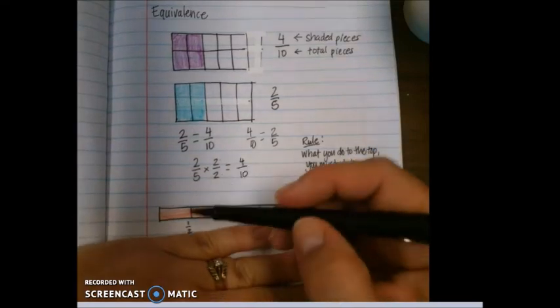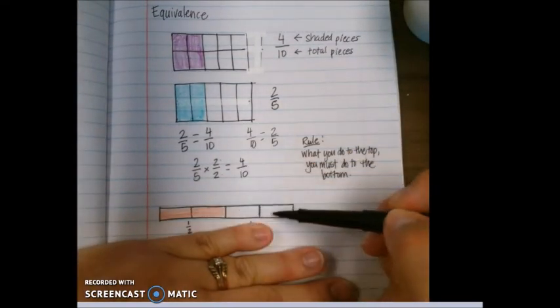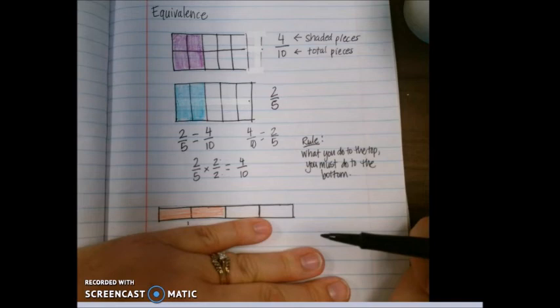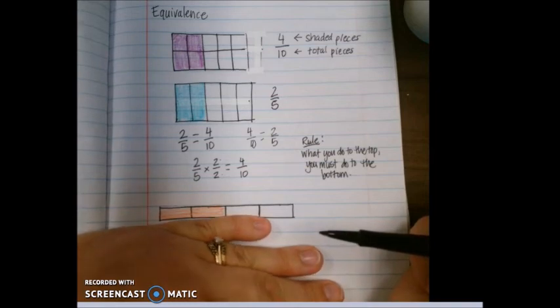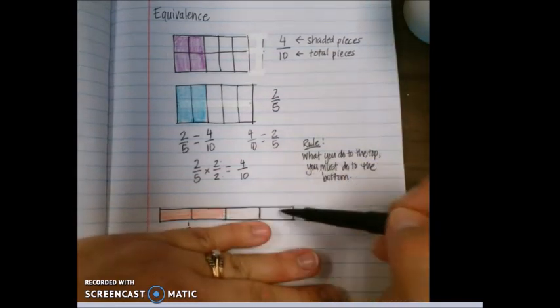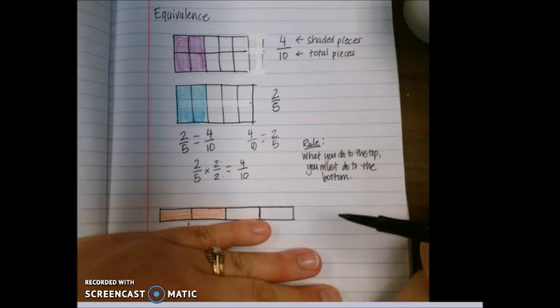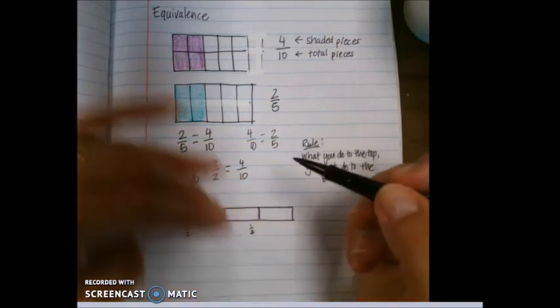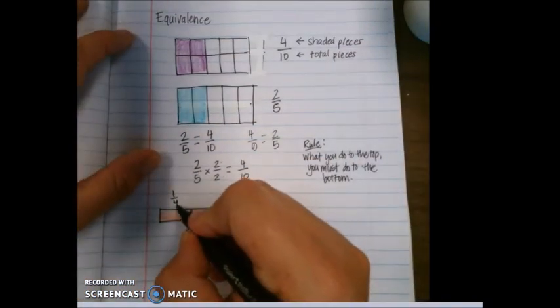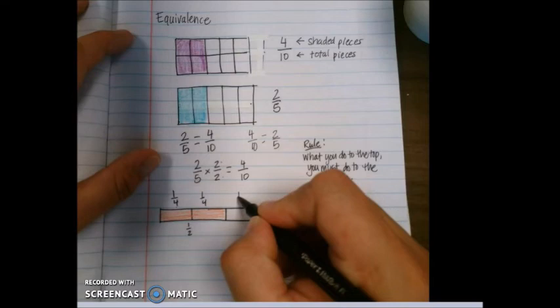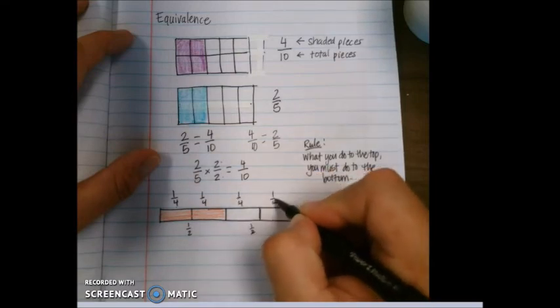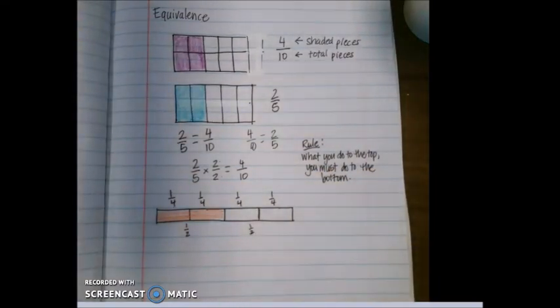If I look at these individual pieces right here, how many total pieces do we have? 4. And one of them, what would the numerator be for one of them? 1/4. Not yet. Don't write yet. So let me ask about this.